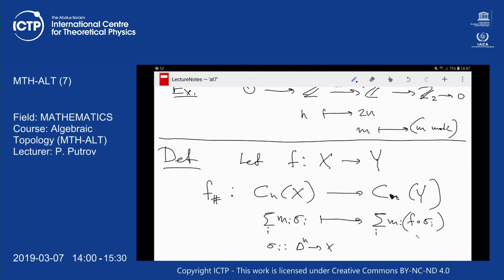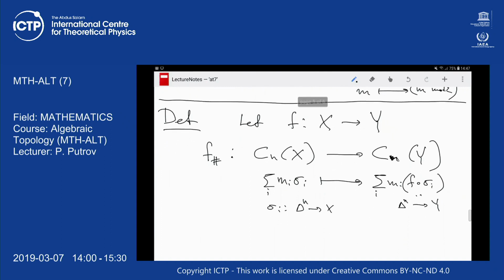So now this will be a map from Delta^n to Y. So this gives a well-defined map from C_n of X to C_n of Y. The map between the C_n's corresponding to the map f is denoted by f sharp, f with index sharp.